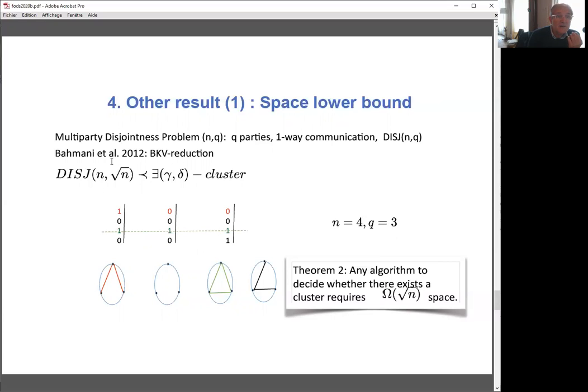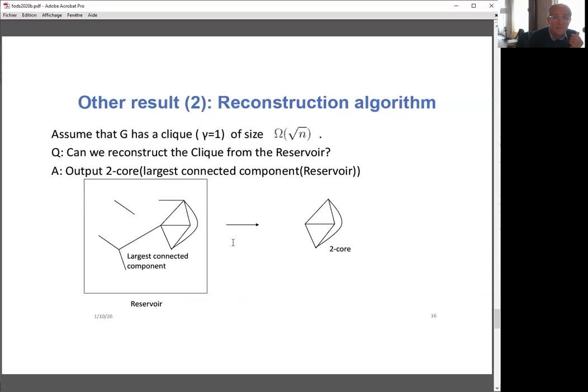And then the classical reduction from these authors in 2012 is to reduce this problem to a graph problem where if you have a disjointness, then there is a clique in this graph, which is the case here. And the size of this graph is square root of n. So therefore, because you have a lower bound on disjointness, you imply a lower bound on this particular problem.